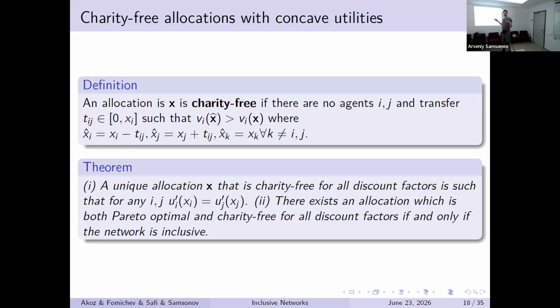Okay. I have more results. What I want to show you is, first of all, some interesting results about fairness in this setting which do not use our inclusive networks. And second, there are extensions where we choose a different model of discounting, so we use a different model of altruism.